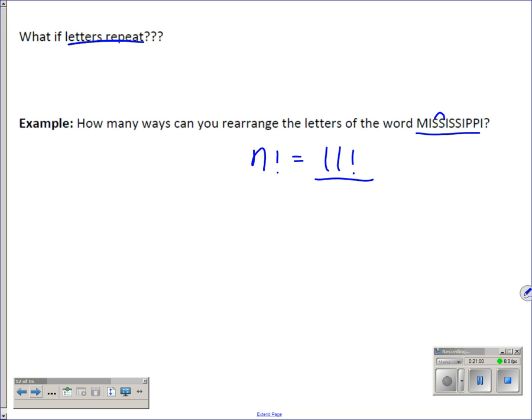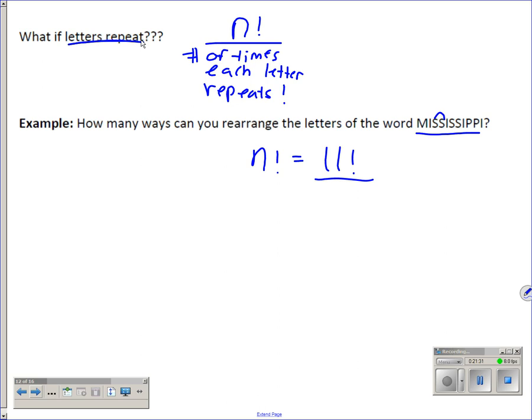So what the formula says to do is your n factorial, and if y'all think of a better way to write this, please let me know, you divide by the number of times each letter repeats, factorial. I know that sounds weird, but let me talk about what I mean. You start with each individual letter. Let's start with the first letter that repeats, I. How many times does I repeat?